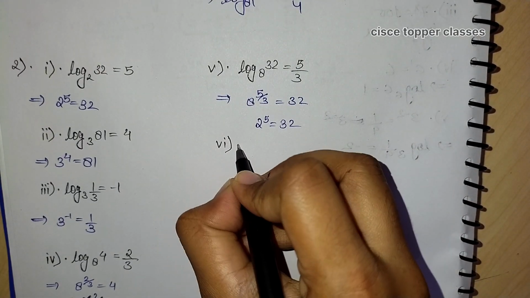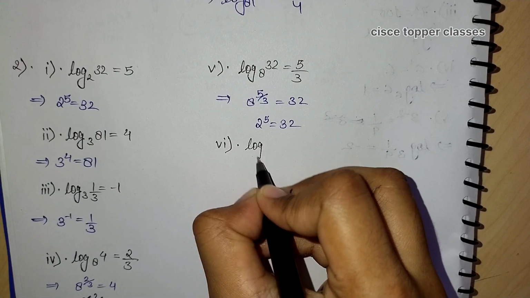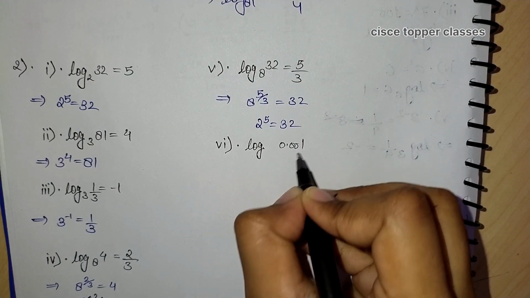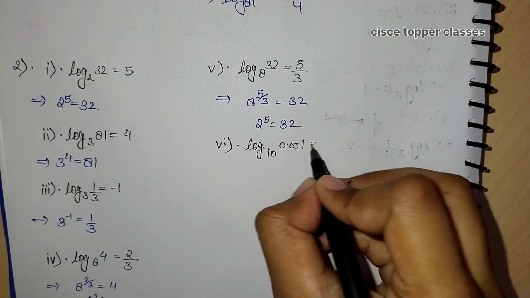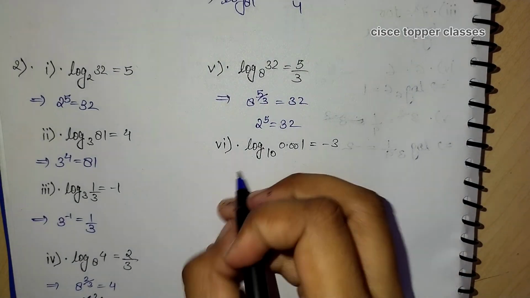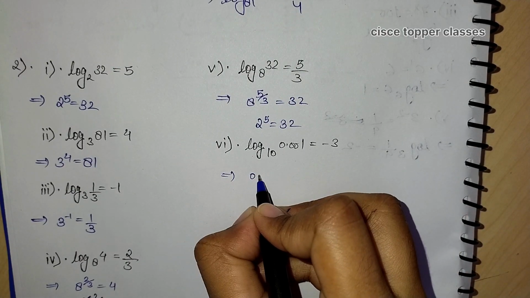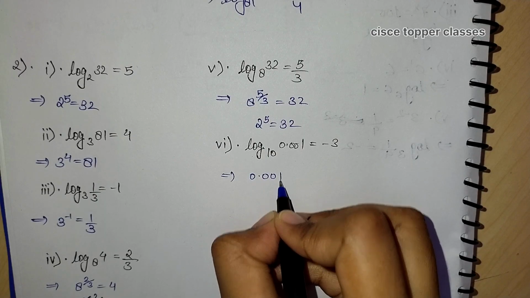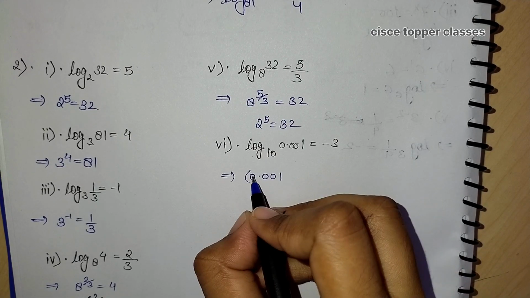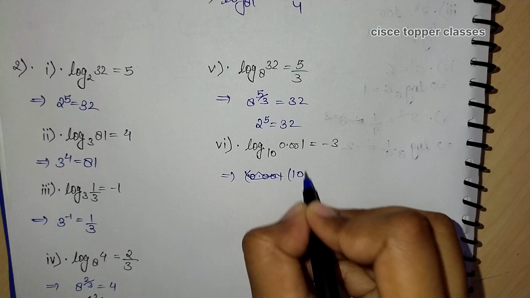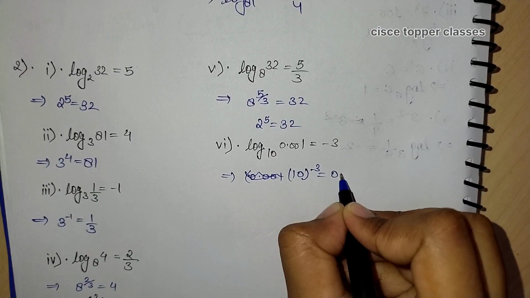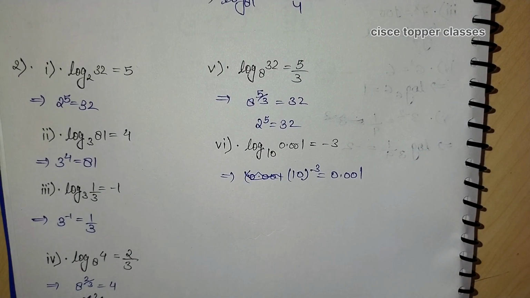Now the sixth part here is log of 0.001 with base 10 equal to minus 3. So on solving this part, we will get 10 to the power minus 3 equal to 0.001.